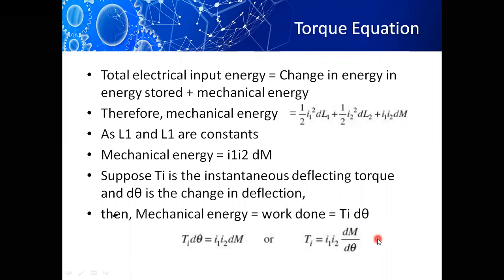So from that we can easily get that Ti, which is the instantaneous deflecting torque, is equal to I1 I2 dM by d theta.